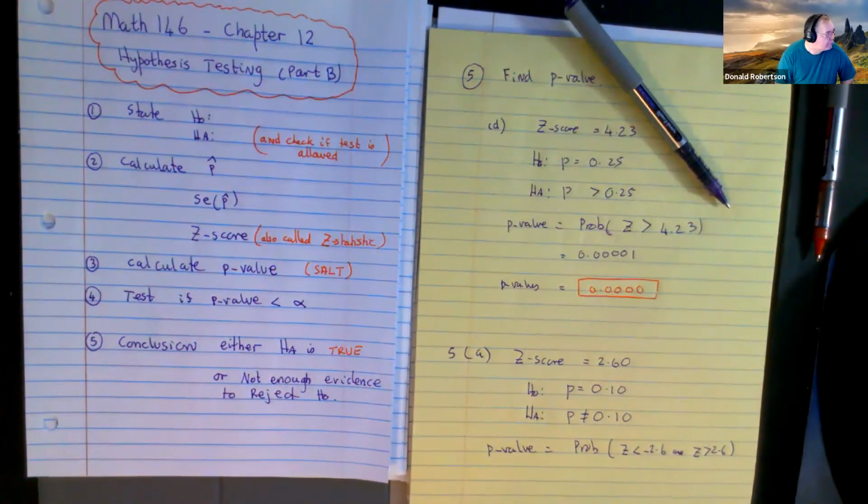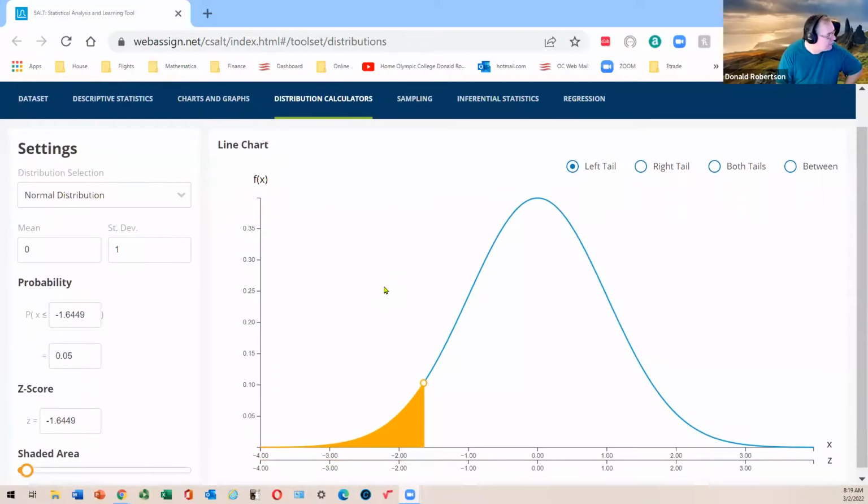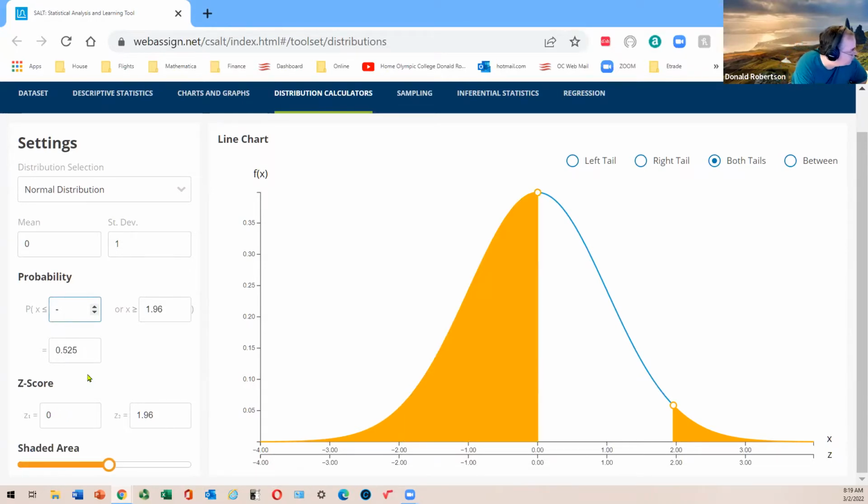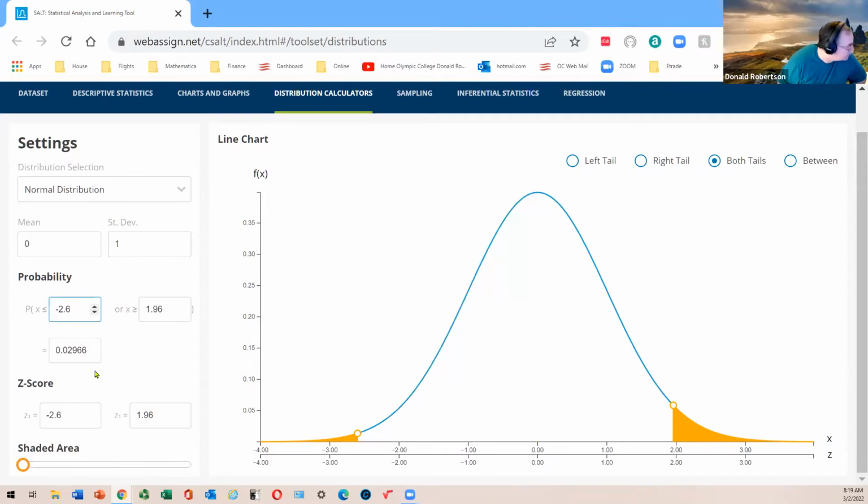So I'll hit SALT again. And I'll show you what that one looks like. Okay. Still normal distribution, still 0 and 1, that's not going to change. If you want to do the outside guys, the 2 tails, then you just go here and you put in your 2.6 because it's negative on the small side, and you put in your 2.6 on the other side.